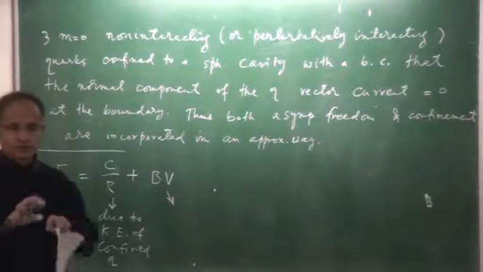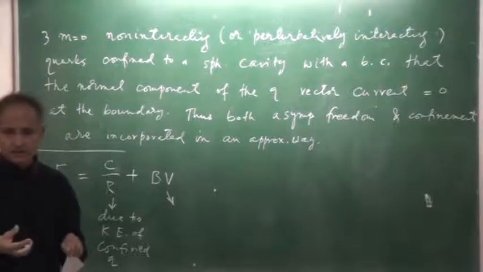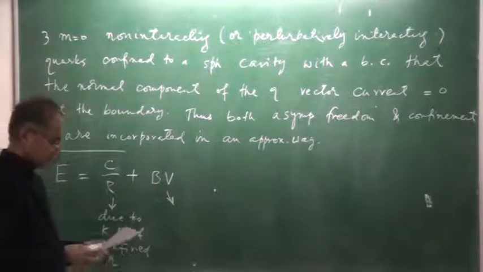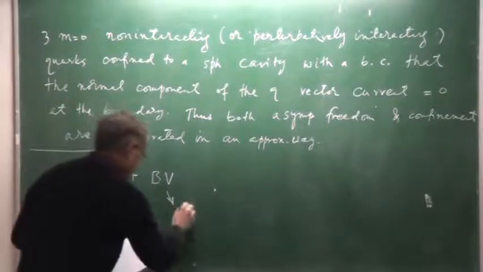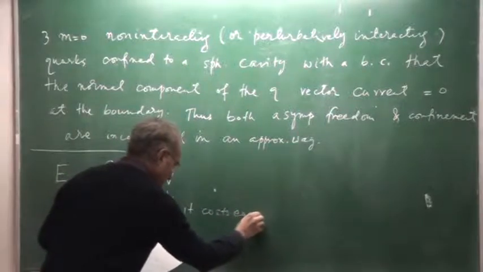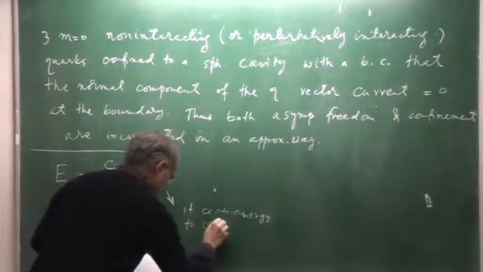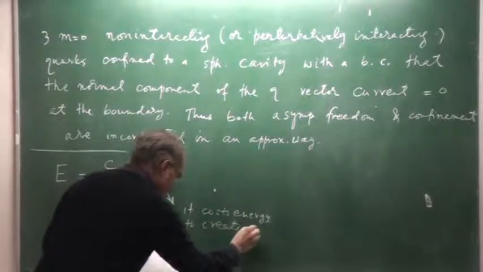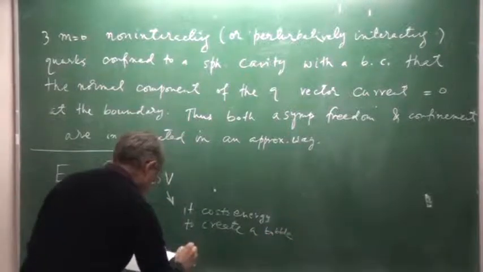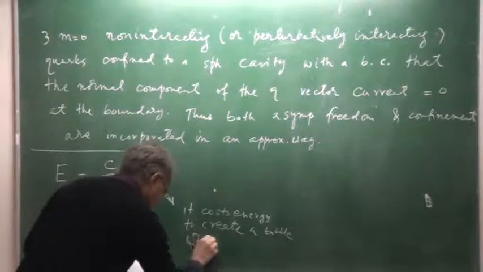You have to push the physical vacuum and create a hole, so that costs some energy. That energy is proportional to how big the hole is, so it's proportional to the volume. So it costs energy to create a bubble or a bag where colored partons can exist.